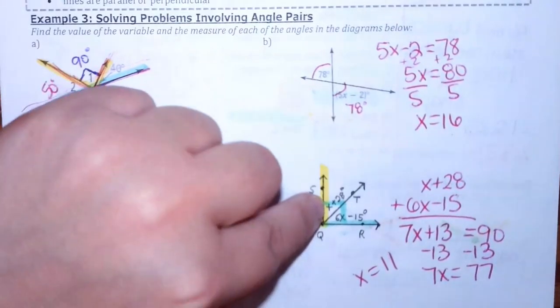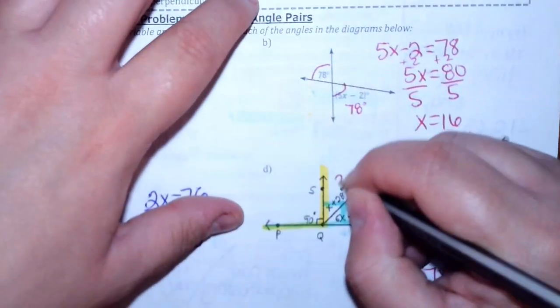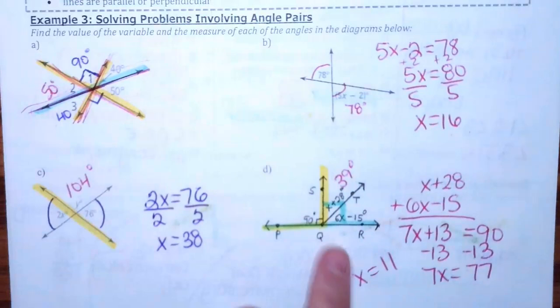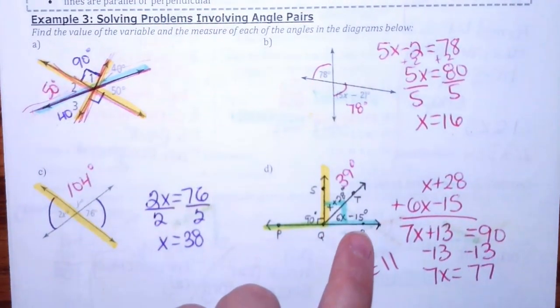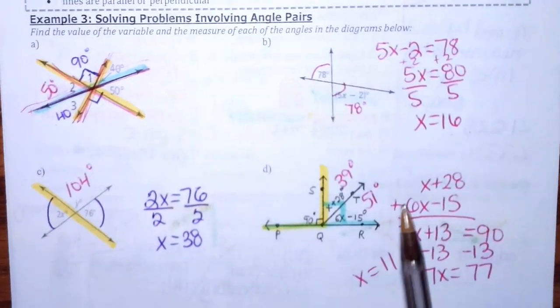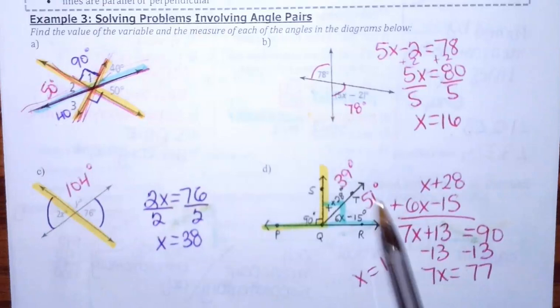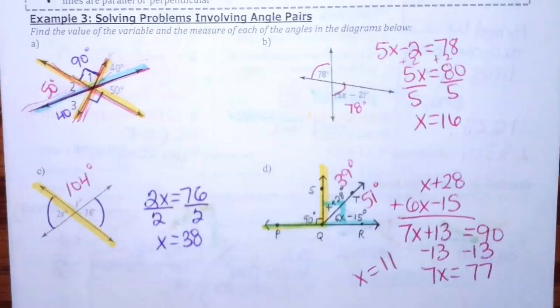So 11 plus 28, this angle would be 39 degrees. And 6 times 11 is going to be 66 minus 15, this would be 51. And then if you just wanted to check real quick, 39 and 51 do add up to 90. Or 90, 39, and 51 all add up to 180 to make that straight line.